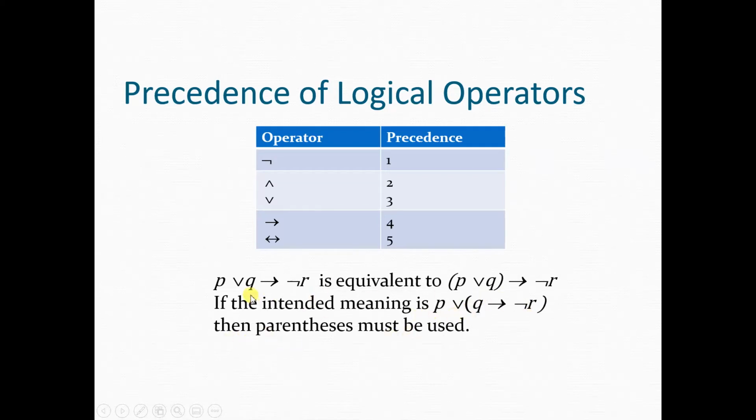If parentheses are not used, then we consider it as the first proposition. So this is how order matters, and it can completely change the meaning of the compound proposition if we change the order.